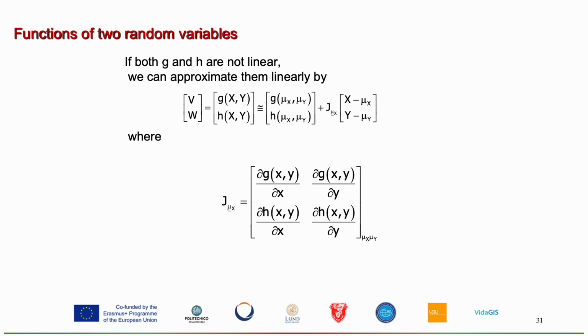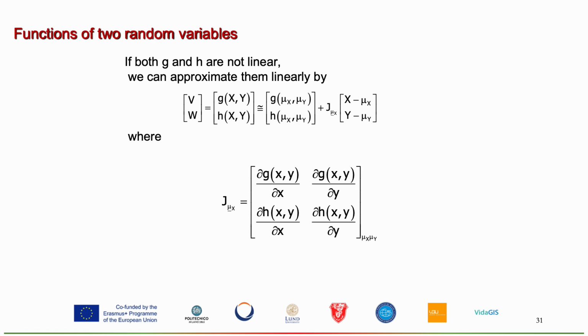The Jacobian is a matrix whose components are the partial derivatives of the functions of transformation with respect to the two variables from which we are starting. In the first diagonal element, you will have the derivative of g with respect to x. In the second column on the first row, you will have the derivative of g with respect to y.